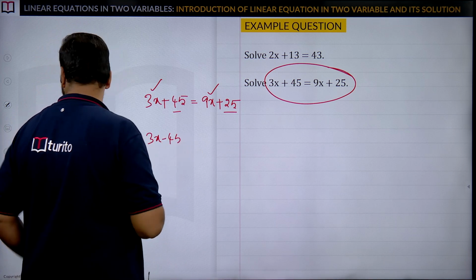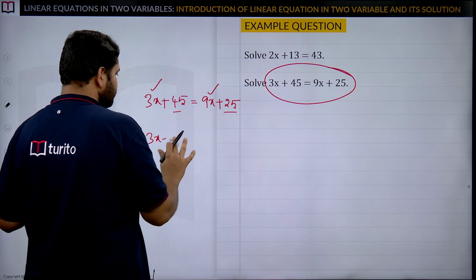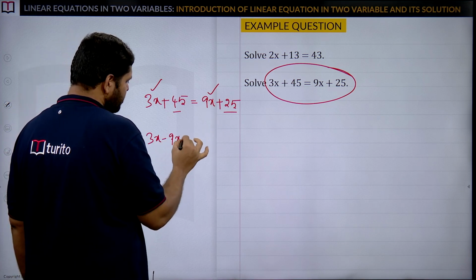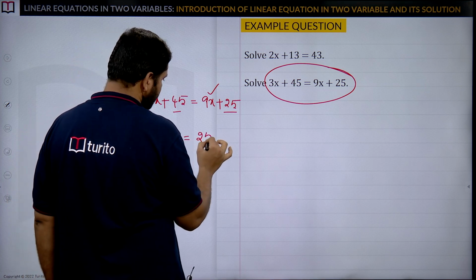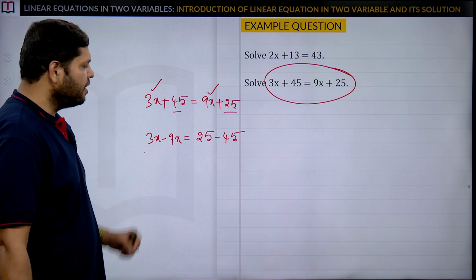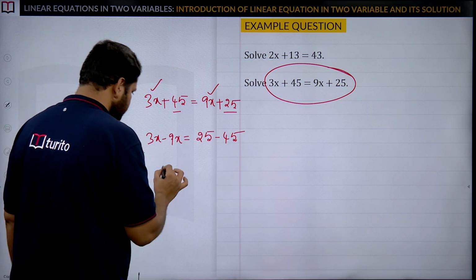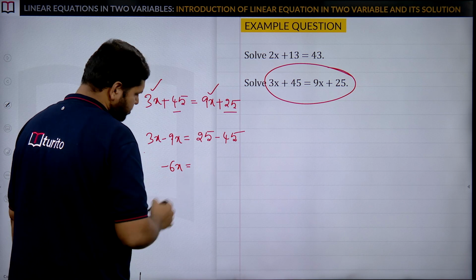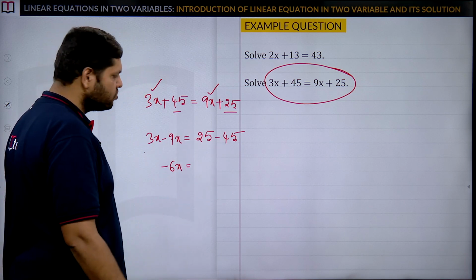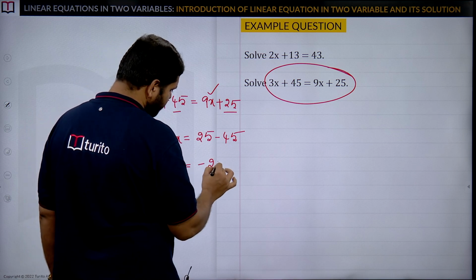So I am writing on one side, children, 3x minus 9x. So transposing this will be minus 9x. And this is 25 minus 45. Children, 3x minus 9x, what is the value? This is minus 6x. 25 minus 45, it is negative 20.